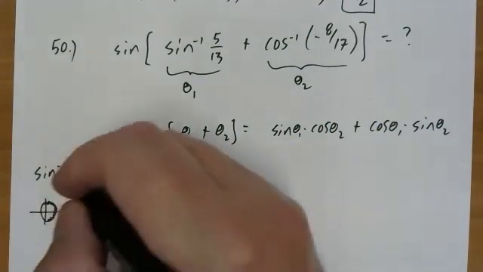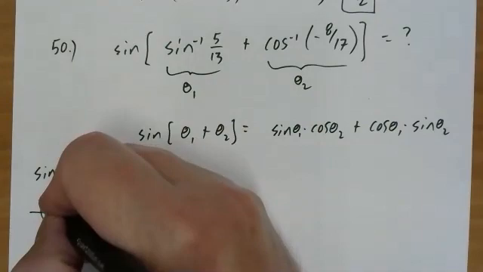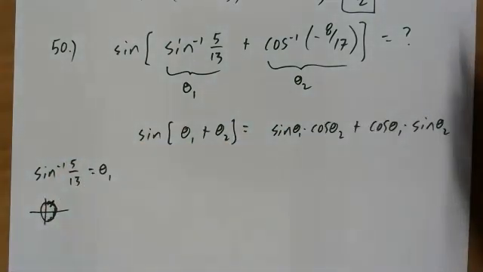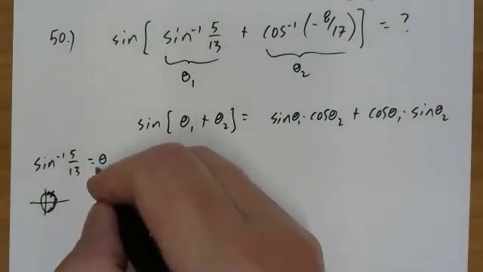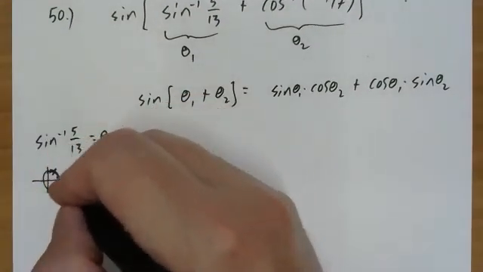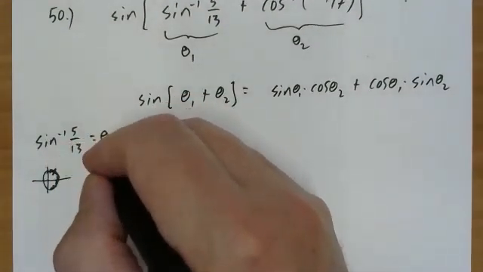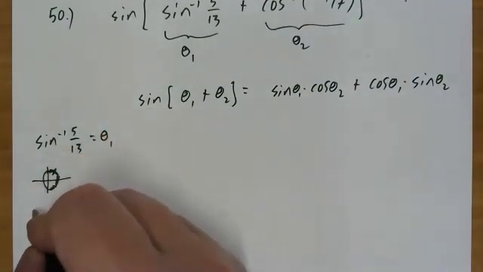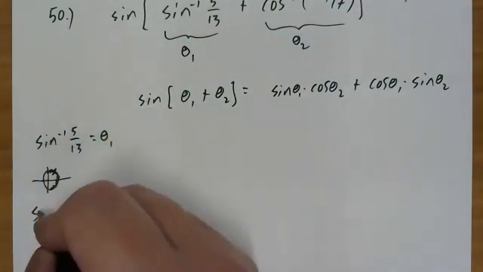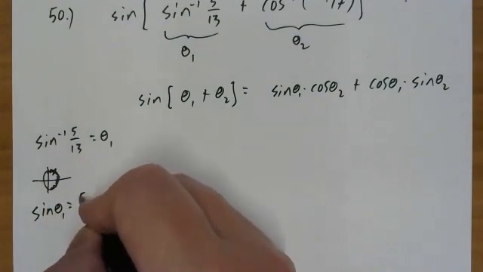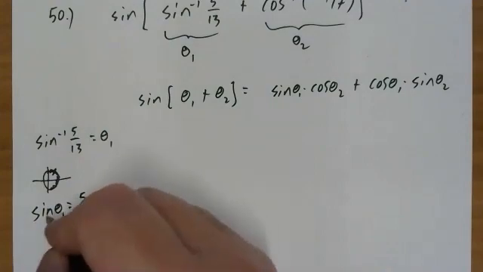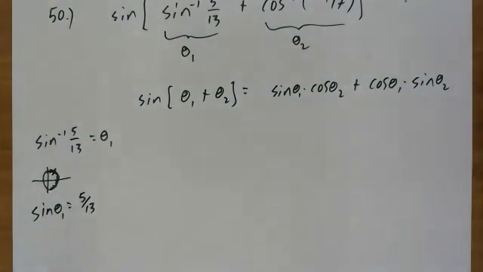I know that this angle is going to be over here somewhere in the first quadrant. I'm going to rewrite this just for this problem. You can't do this all the time, so be careful. This doesn't work all the time, but for this problem, I can re-express this as the sine of theta 1 equals 5/13.